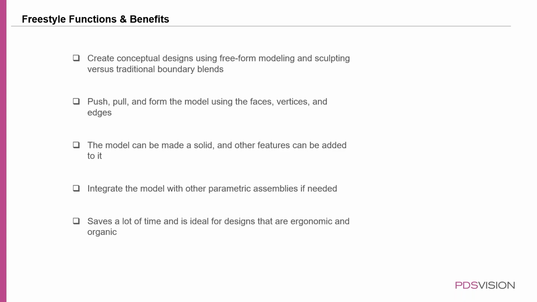This also saves a lot of time and is ideal for designs that are particularly ergonomic and organic. That's the main benefit of this tool. You don't have to spend time building the edges or curves and patches. You can just work directly with a model.